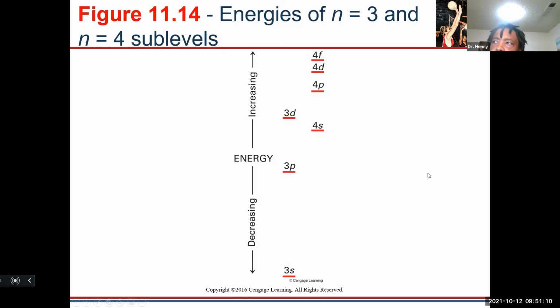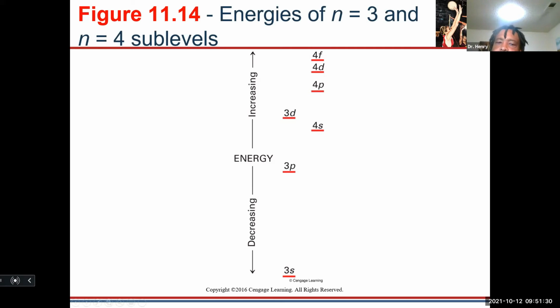Even though these are at different energy levels, the 3d is higher in energy than the 4s, but the location of the 4 is outside of the 3.